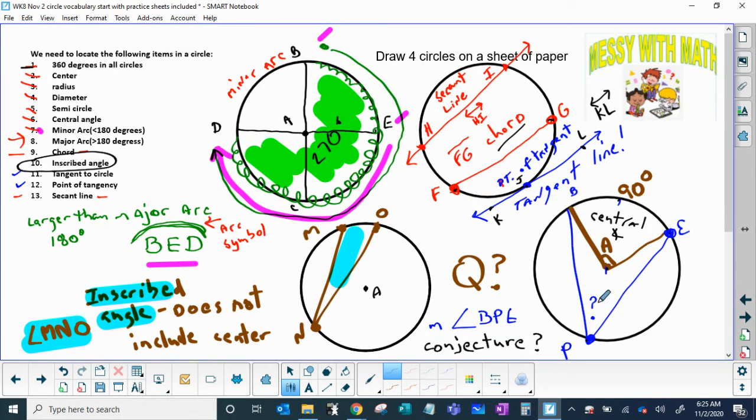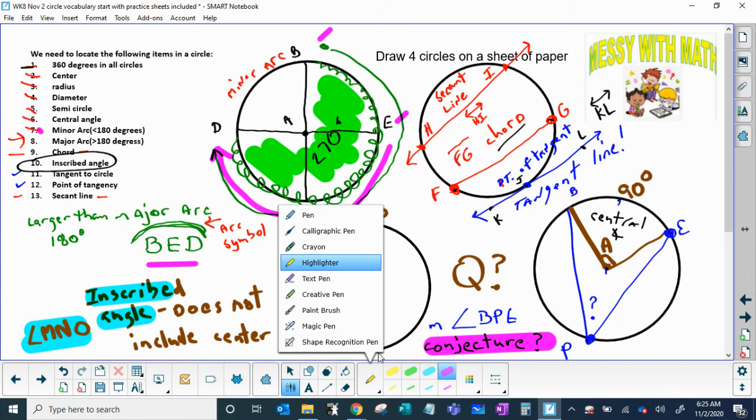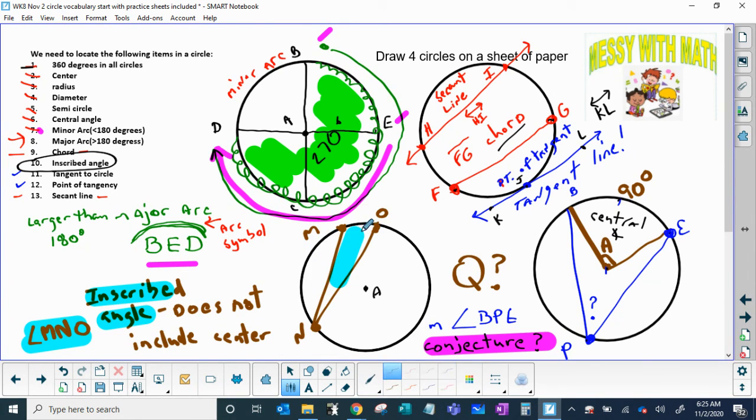How big is this angle BPE? This introduces one of our biggest concepts for the entire year, called a conjecture. So between now and Thursday, I want you to Google, what is a conjecture?